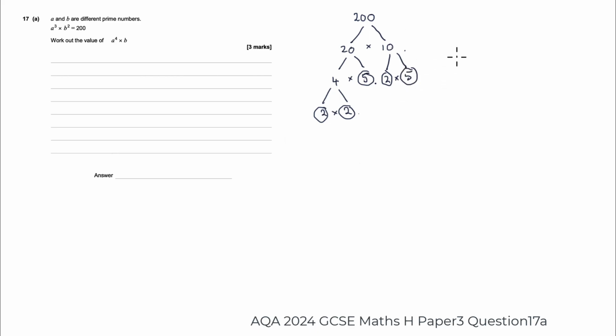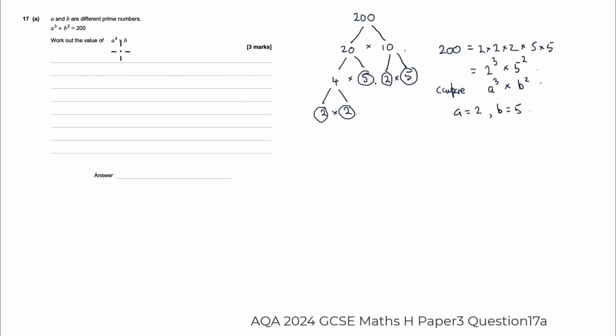Now this factor tree tells us that 200 can be written, and we look at the ends of all the branches, 2 times 2 times 2 times 5 times 5. In other words, it's 2 cubed times 5 squared. Now, if we compare the expression that they give us, a cubed times b squared, well, we can see that a is 2 and b is 5.